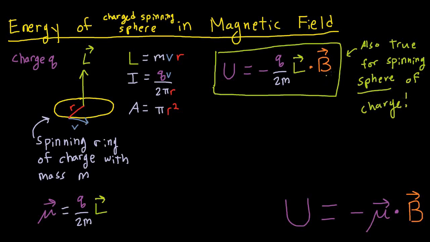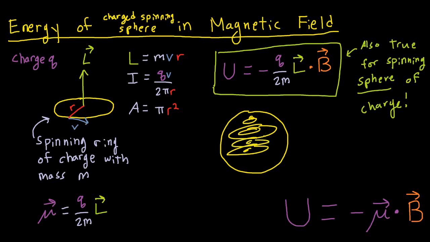And why is that? Well, a spinning sphere can just be thought of as an infinite number of spinning rings, right? So you can imagine having a bunch of spinning rings that when you put them together, they comprise a spinning sphere, right?